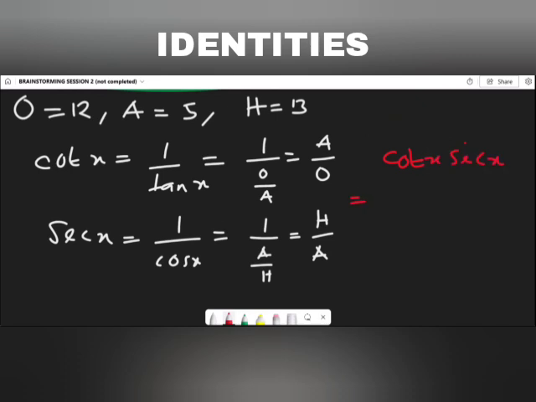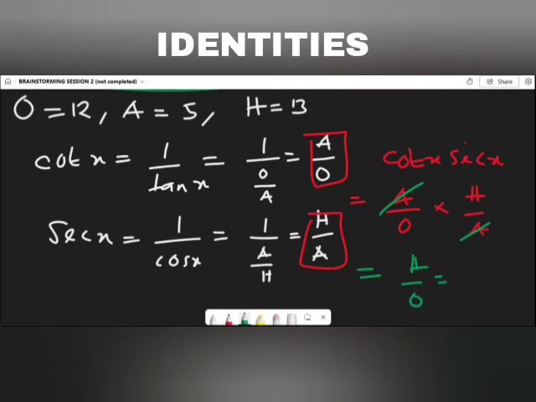That means the value of my cos x, which is a over o, multiplied by h over a. When you look at this carefully, a cancels out a, equals h over o.